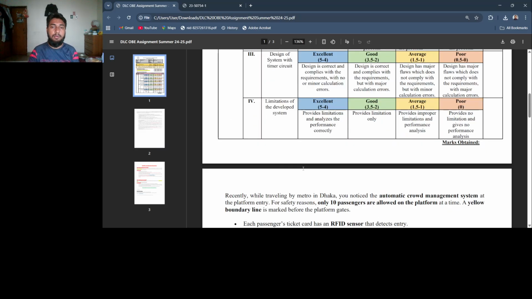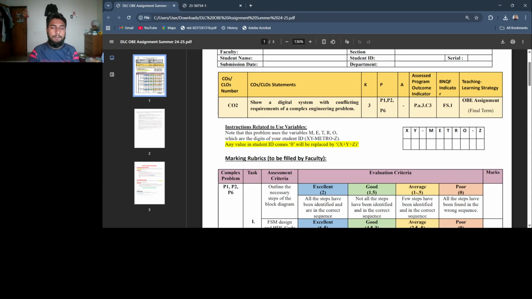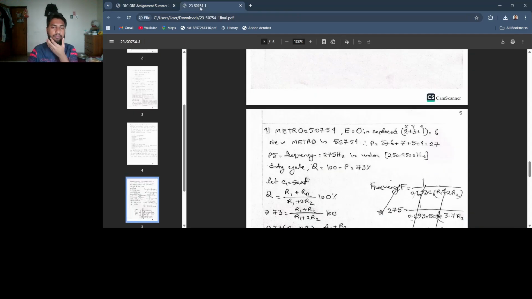So here is an option with an instruction related to using variables. There is metro. This I replace with my ID, 235075441. The middle digit is 507541. It's by metro, so there is a 0. And my question says if 0, it is replaced by x plus y plus z.